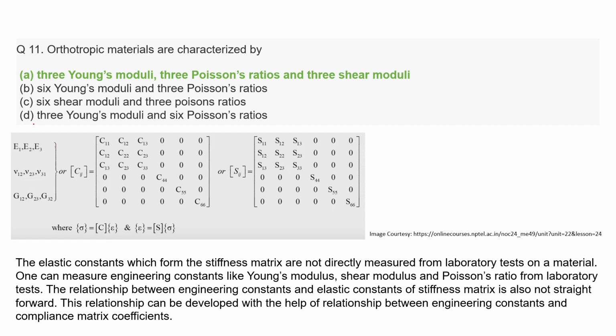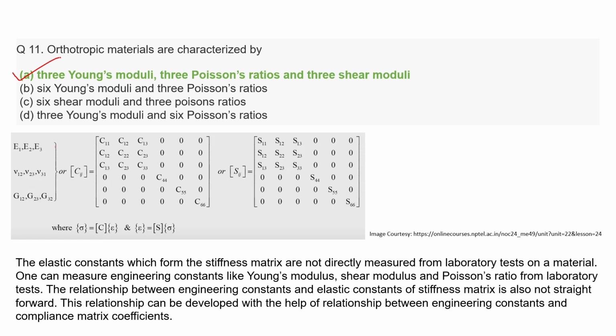Now orthotropic materials are characterized by option A: 3 Young's moduli, 3 Poisson ratios, and 3 shear moduli. So this is the correct answer. We should always remember that the compliance matrix and stiffness matrix are made of independent constants whose values can be found from the engineering constants.